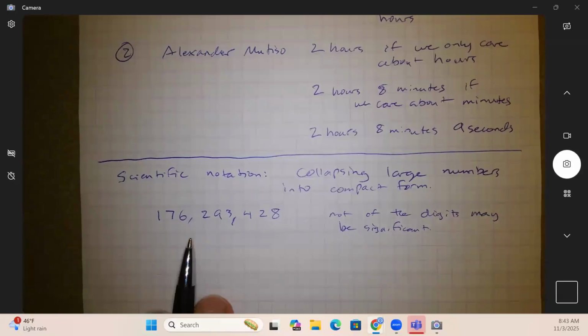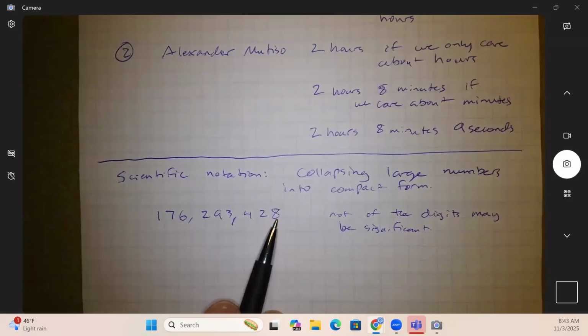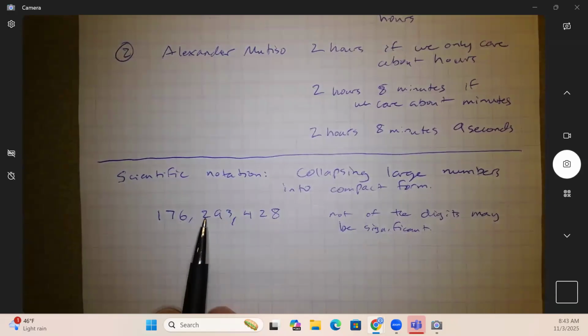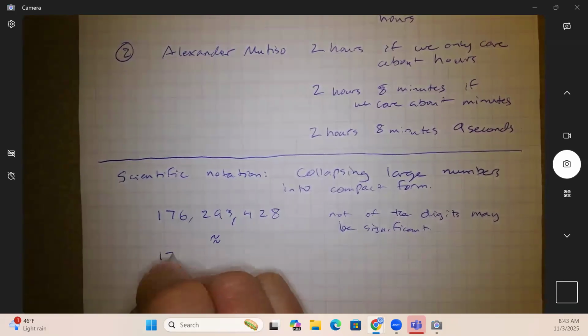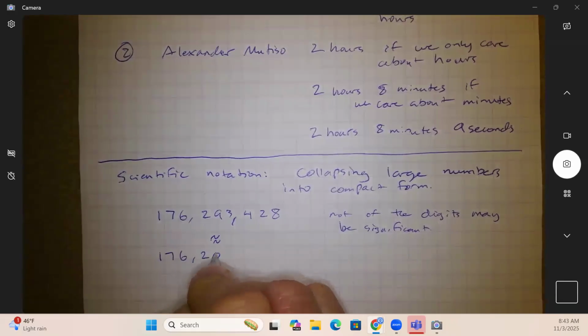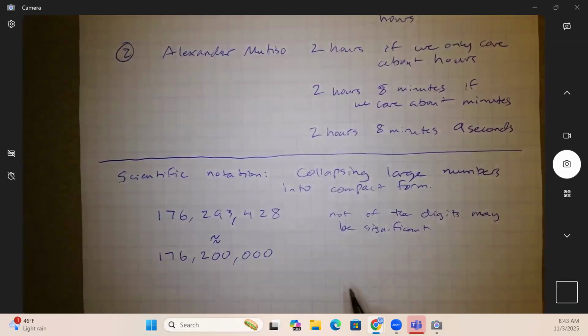Right? Maybe my level of precision for measuring can't get me down to the ones digit. Maybe it only can get me down to like the 100,000th digit. So it may be basically the same as 176,200,000.